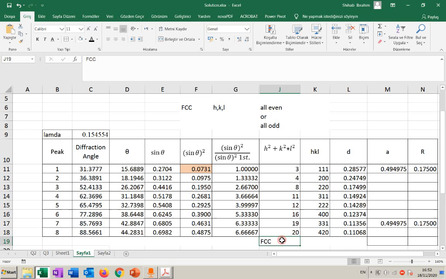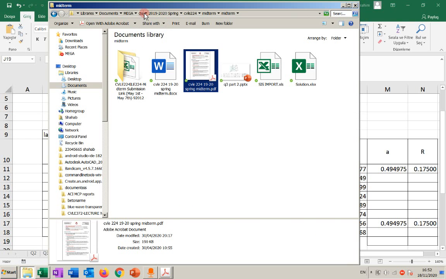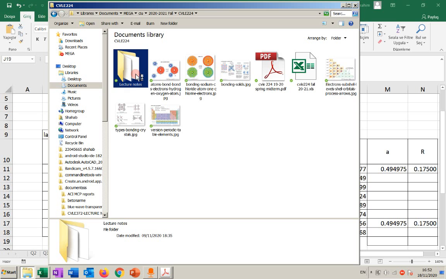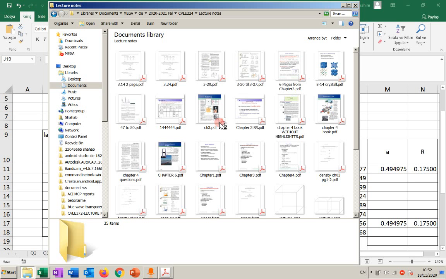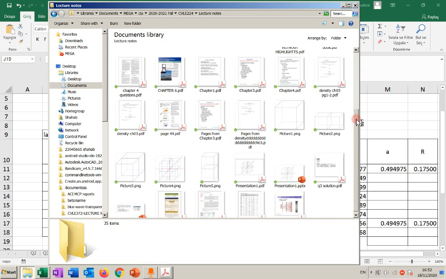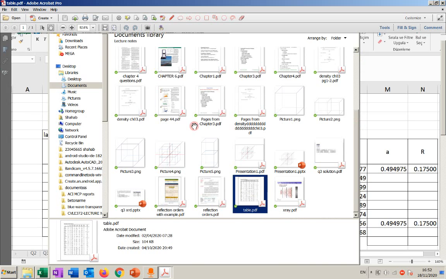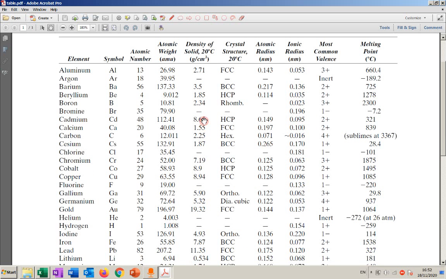So to find the element, we're going to use the table that we have. There's a table on the 2nd page of the textbook. Do you know where it is? This is on the 2nd page of the textbook.